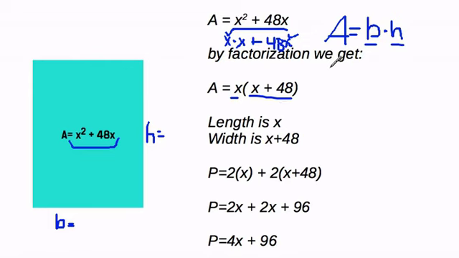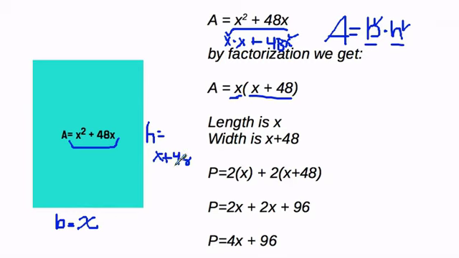So we're going to factorize to get the base and the height. That means that, for example, this could be the base. We don't really know if it's the base or the height, but I'm just going to say it's the base. And this is going to be x plus 48. I can assume this is going to be the height for this rectangle, because in my drawing the height is a little bit longer than this one.